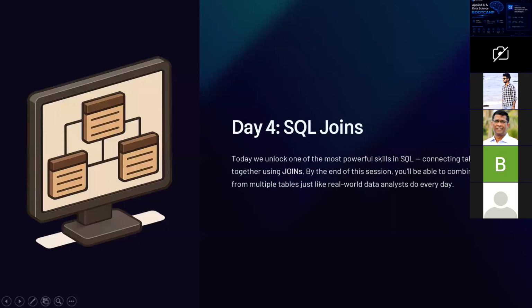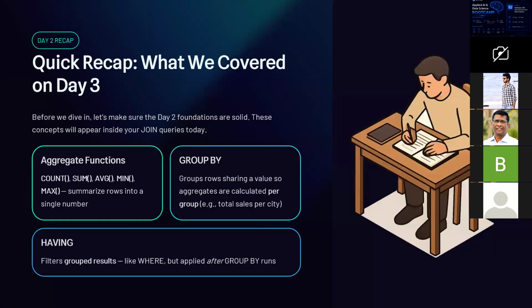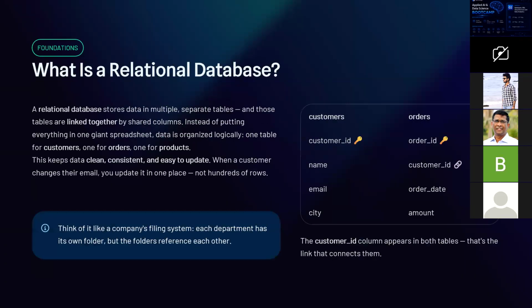Somewhat more complex. Joins are very necessary, and I'll explain why they are required and what help they are going to do for us in SQL. Yesterday we cleared all the aggregators and the having clause.